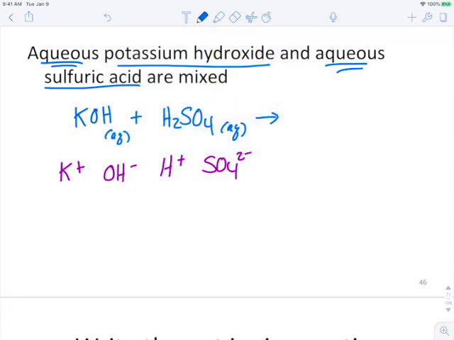All right, so what we're doing here is we are combining our outer ions and we're combining our inner ions, and the inner ions we're going to switch around. And I see a couple of you with some really good answers here. So when we combine the potassium and the sulfate, what did you get with K and SO4?